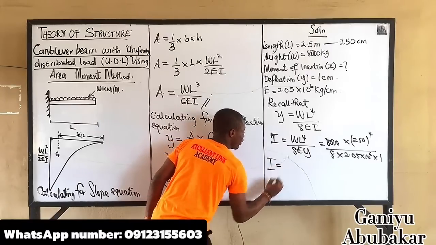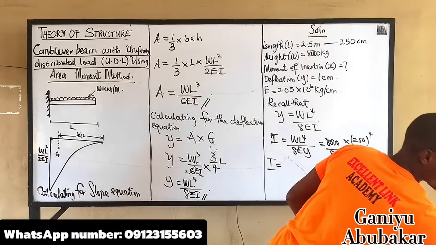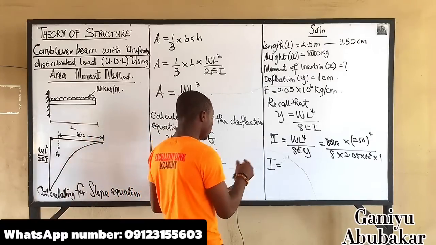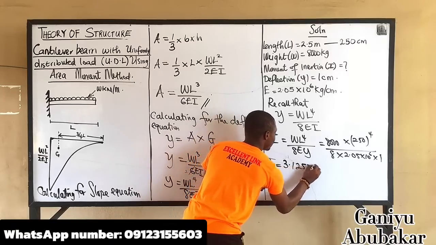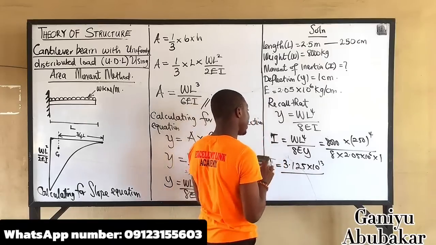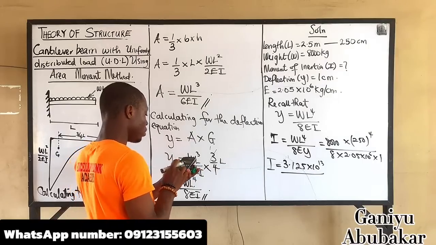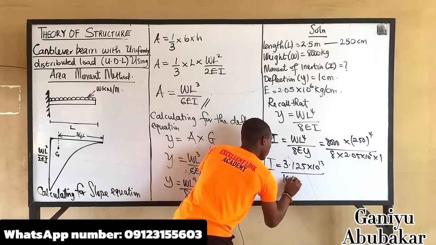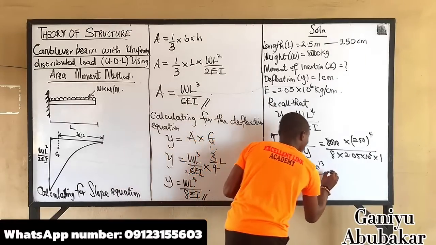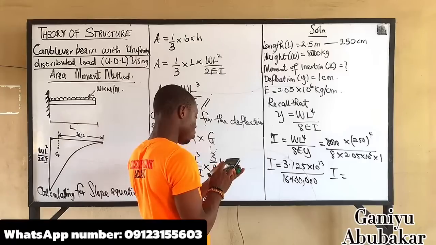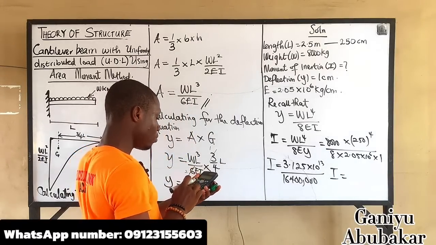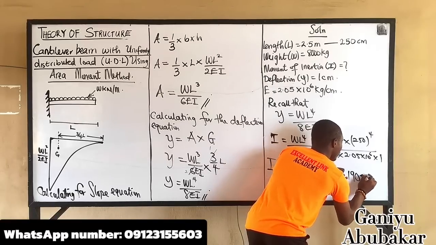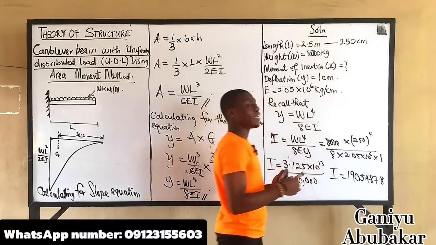So I have that I, the moment of inertia, is equal to, multiplying the numerator, 8,000 times 250 to the power 4, which gives 3.125 times 10 to the power 13, all over the denominator, 8 times 2.05 times 10 to the power 6 times 1, which is 16,400,000. Dividing the numerator by the denominator gives 190548.78.